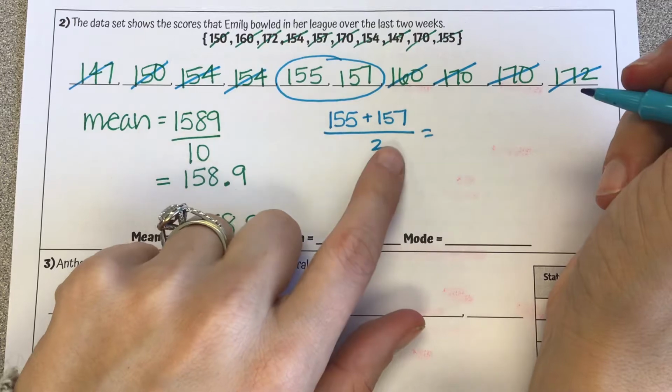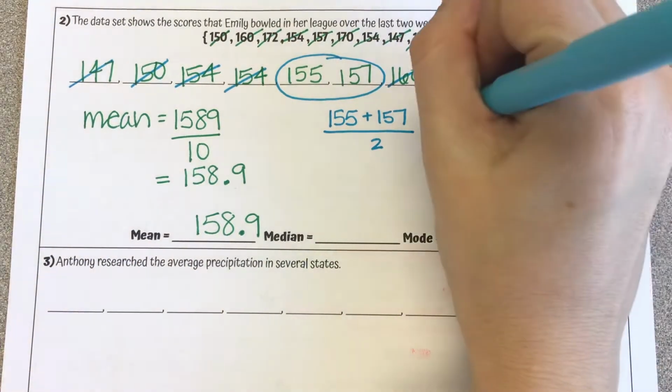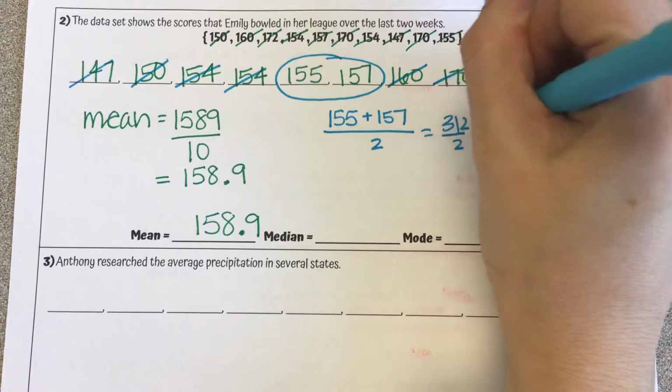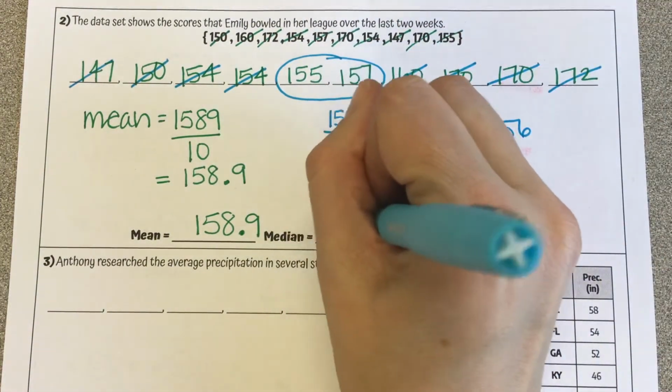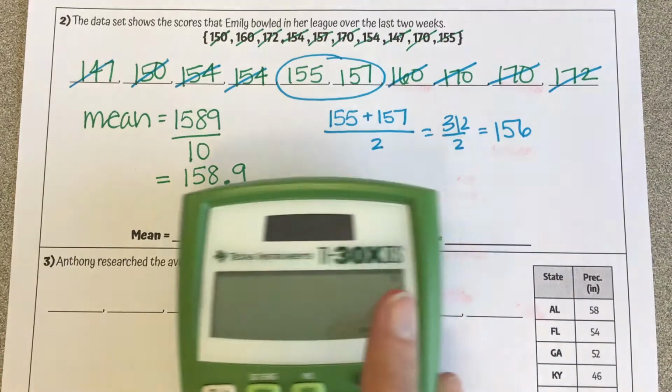So 155 plus 157 is 312, which we would divide by 2 to get 156. Please make sure that when you're plugging this into the calculator, you do not do it like this.